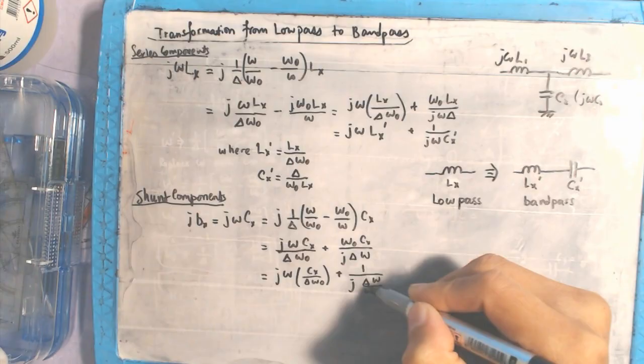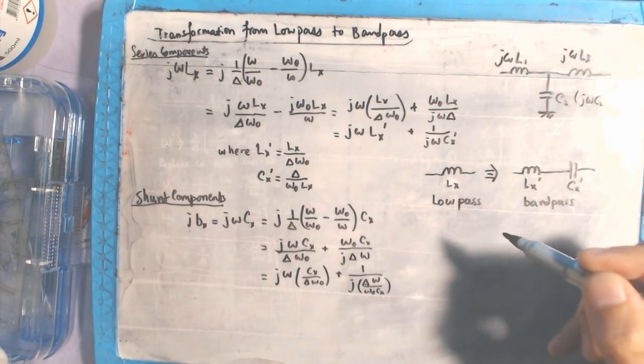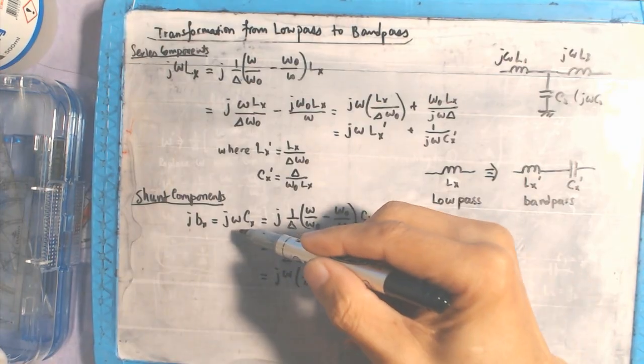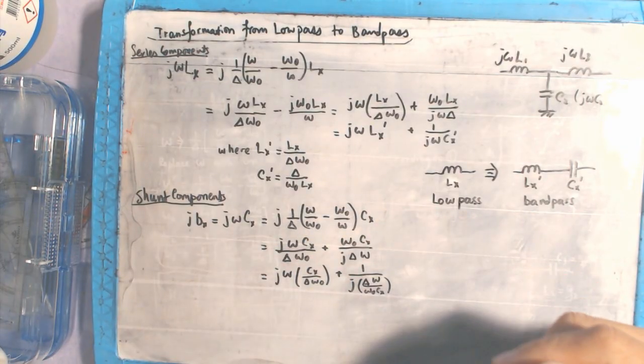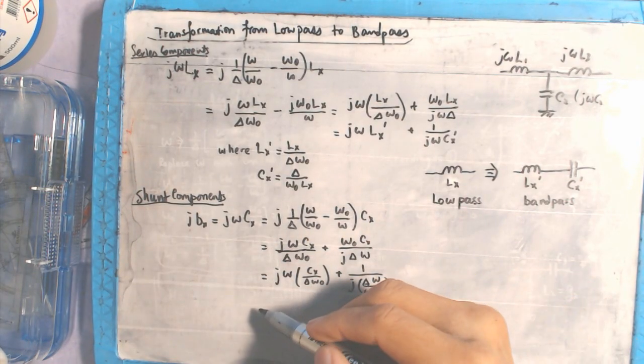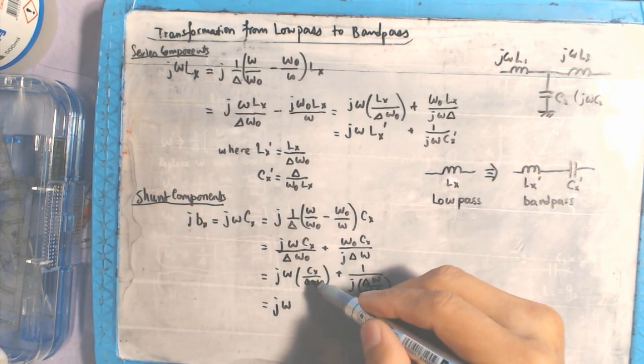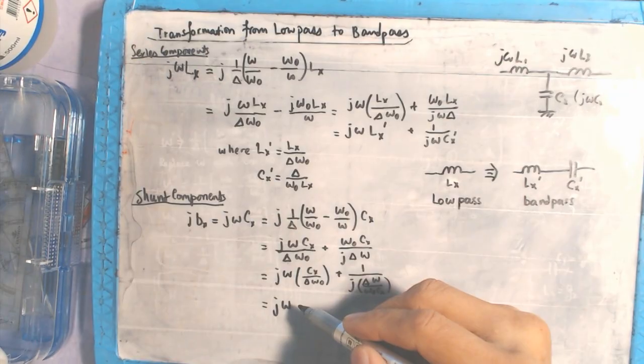So what it means here is this one can be split into this one, and we can rewrite it as omega, this one is Cx double prime.